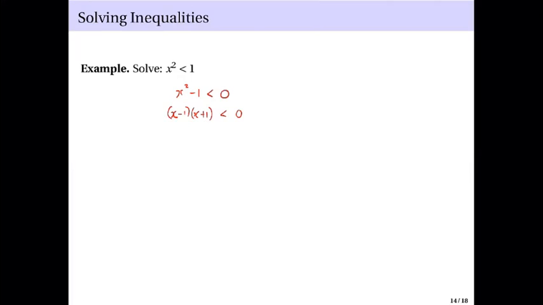Now, remember this property. AB less than 0. If AB less than 0, then A and B have different signs. Okay?